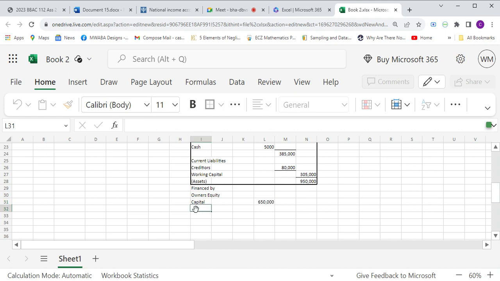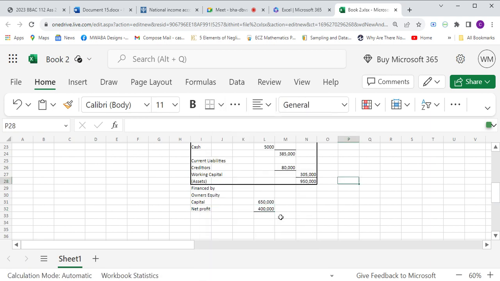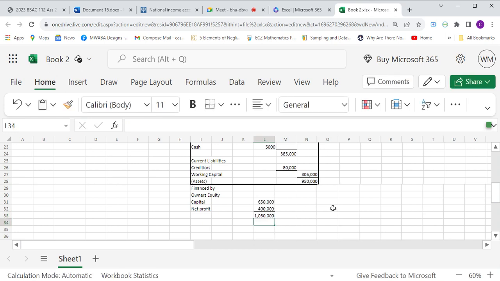Then we add net profit 400,000. We add these two. That's going to give us 1,050,000.